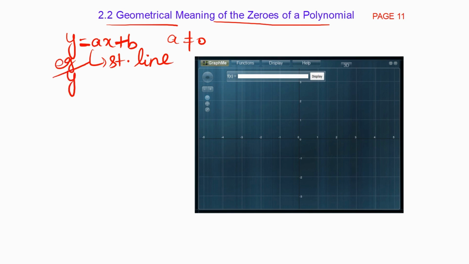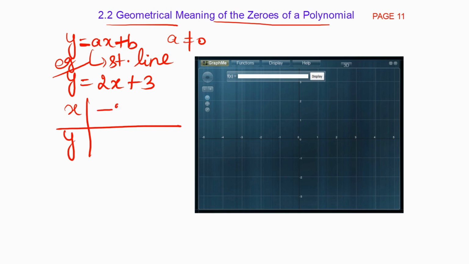Consider an example for this, y equal to 2x plus 3. In this equation, substitute the value for x equal to minus 2 and x equal to plus 2. Then, if I substitute x equal to minus 2, y will be equal to minus 1.